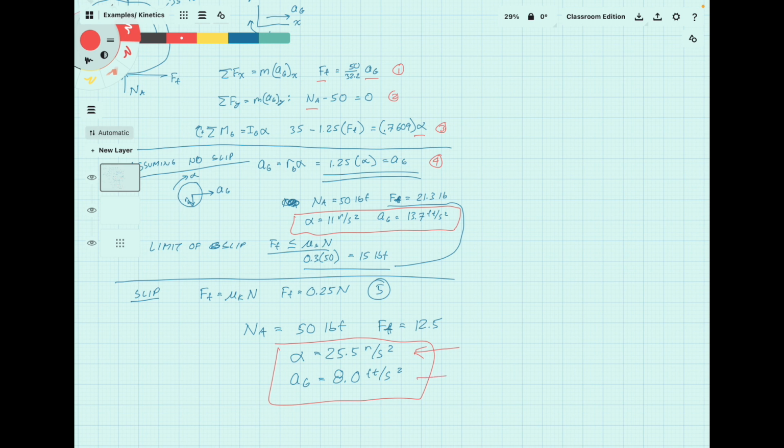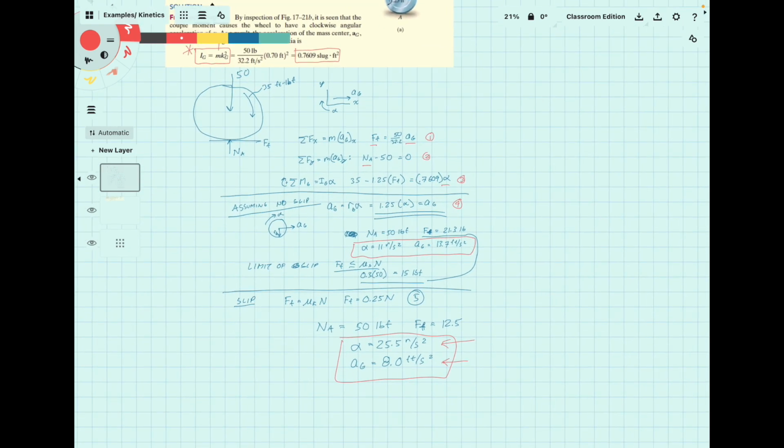And so its translational acceleration drops a little bit. There's nothing much more to learn from that, but it does make sense intuitively that if the thing is slipping as it rolls, it's going to be rotating either faster or slower than it would otherwise, but in this case it's going to be faster because the force of friction is too low to prevent slip.